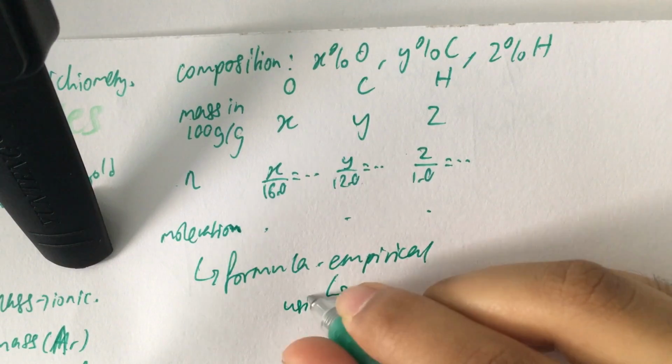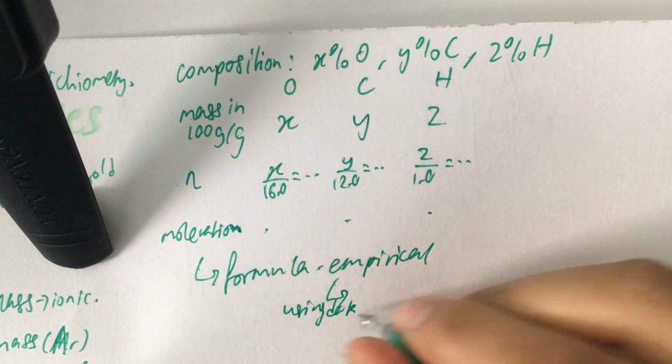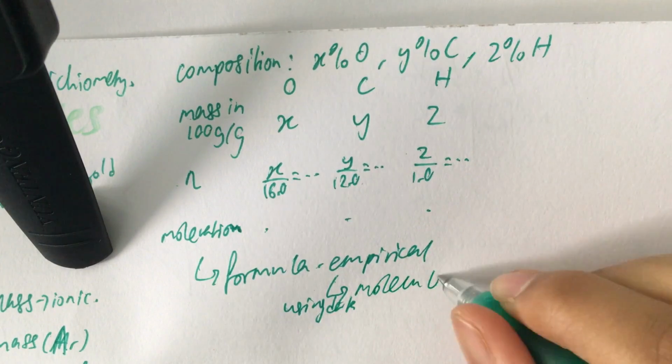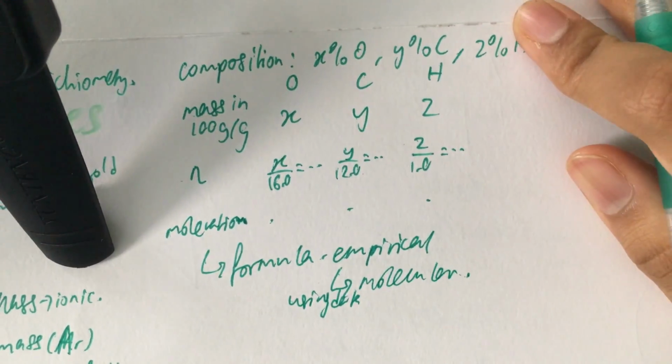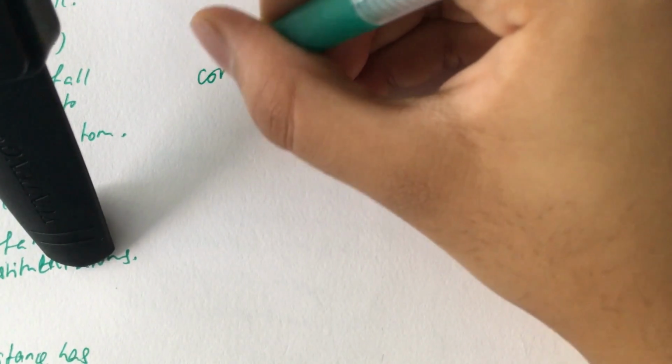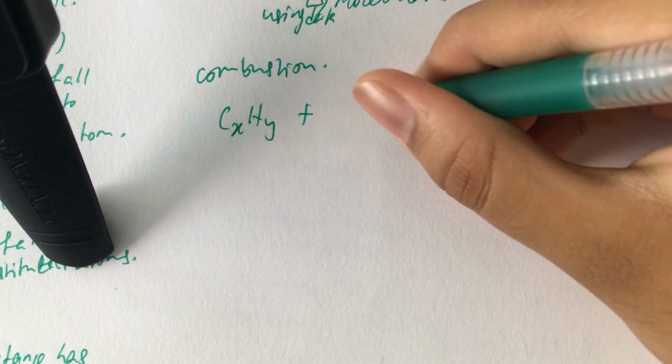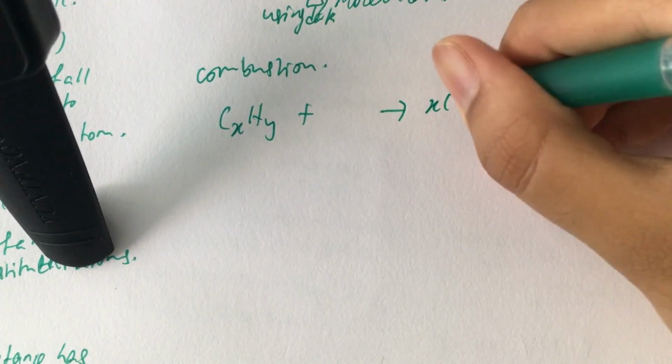Combustion data is usually based on combusting a certain hydrocarbon, and then you get a certain x and y, and from there you have to calculate the CxHy. That's pretty much what they expect you to do.